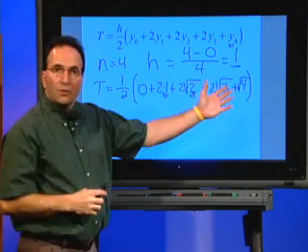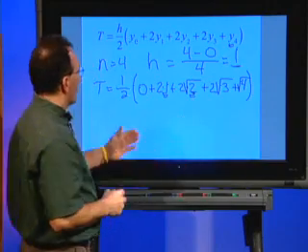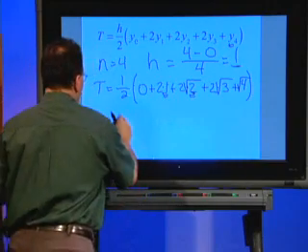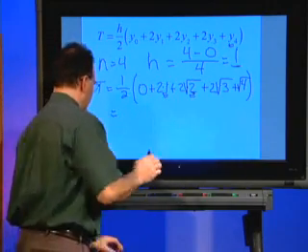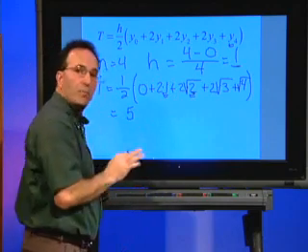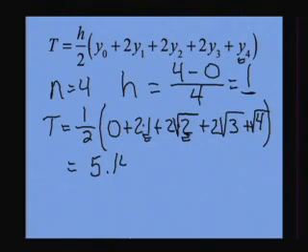So when we evaluate that whole thing, we will end up with an approximate value of 5.146. Okay, so that's an approximate value because, of course, we have to approximate both the square root of 2 and square root of 3.